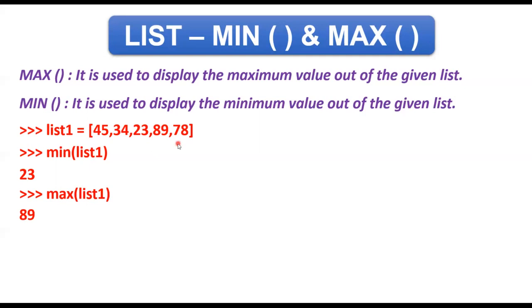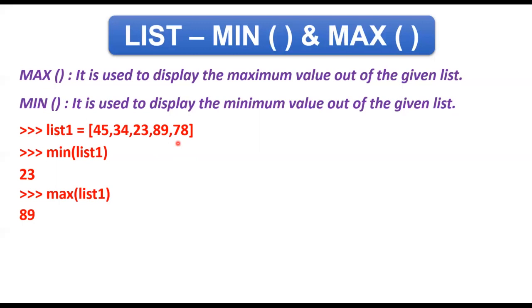Now here there is one restriction, as we have talked earlier also, that a list can be a collection of homogeneous type of elements as well as a collection of heterogeneous type of elements.